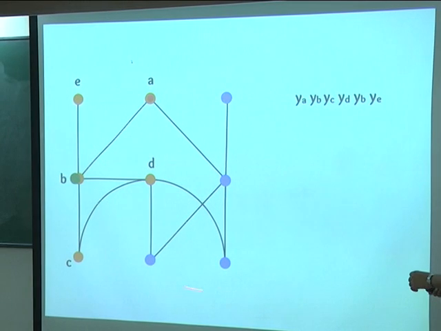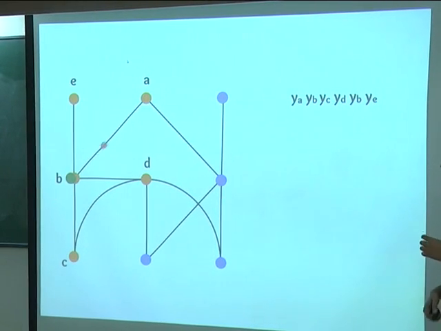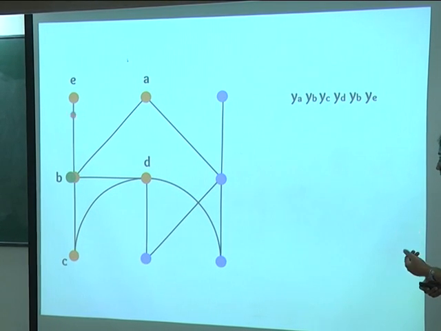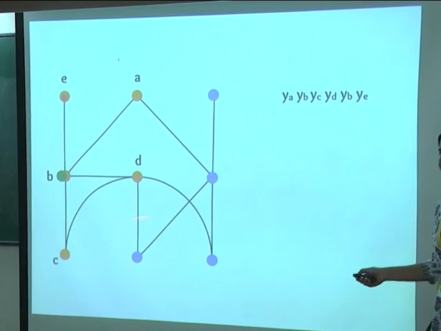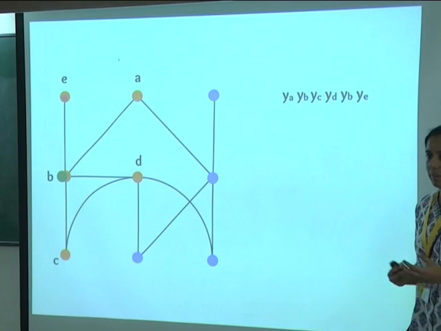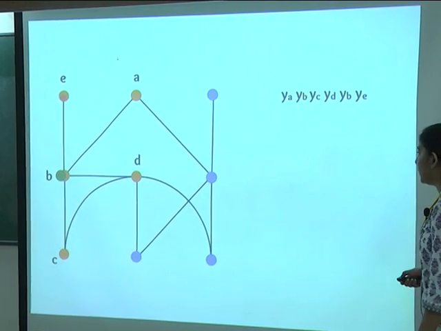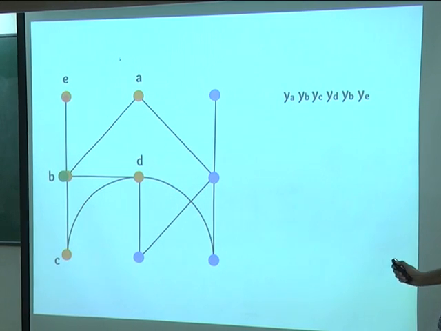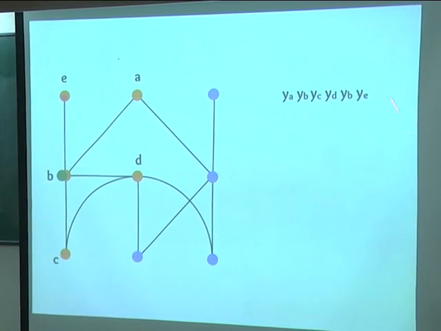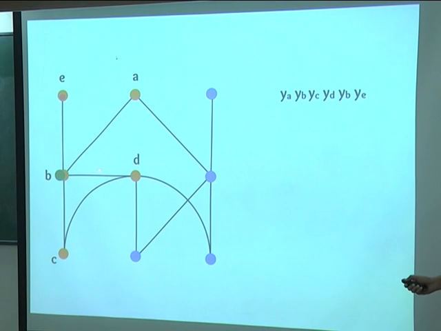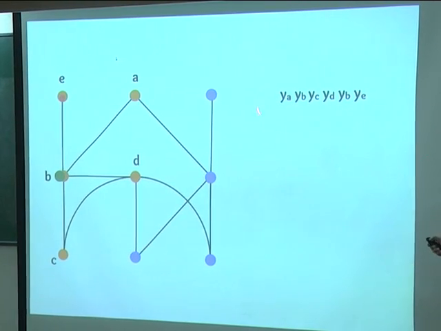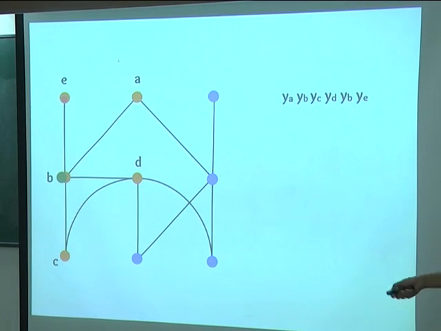For every walk in a graph, this is an example walk, it repeats the vertex b. It is a walk that happens to be a serious walk, it is actually repeating a vertex, but every path of course is also a walk. In any case, for every walk we are going to introduce a monomial, which just has a variable for every vertex in the graph, and it is just the product of all the variables corresponding to the vertices that participate in the walk.